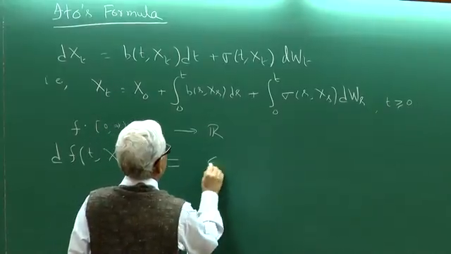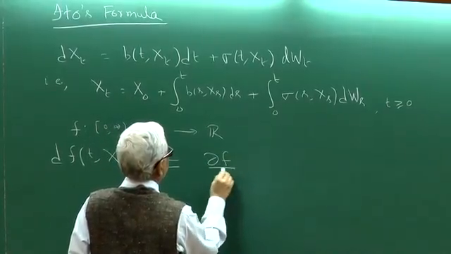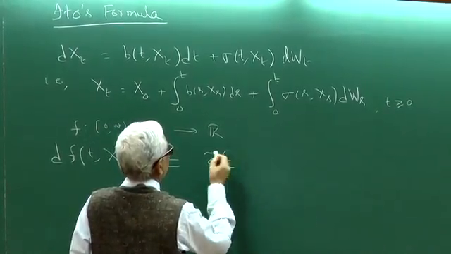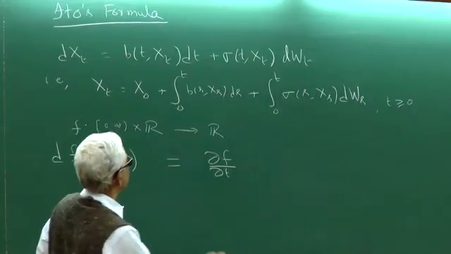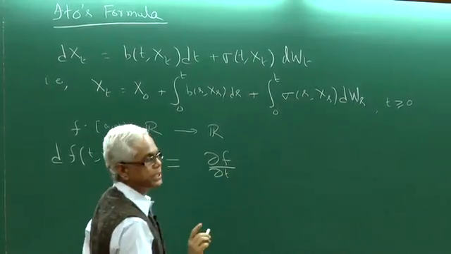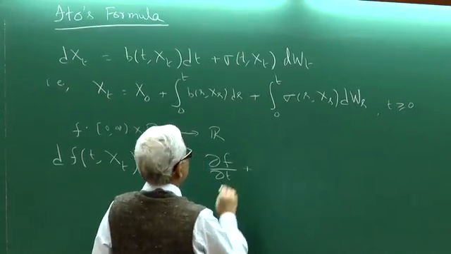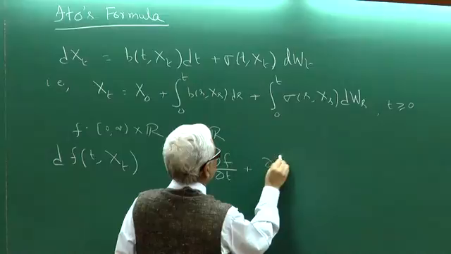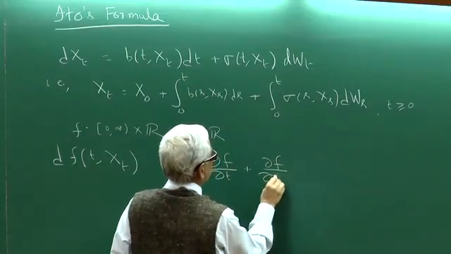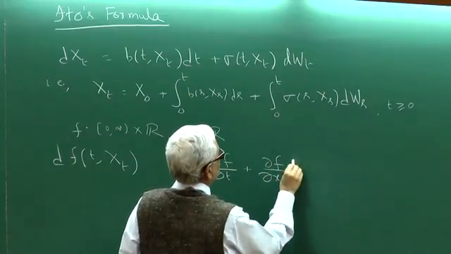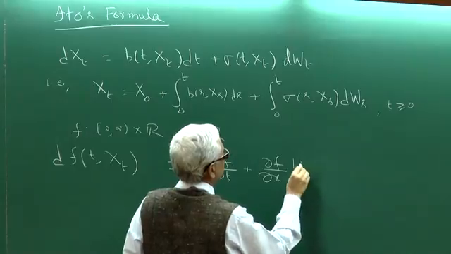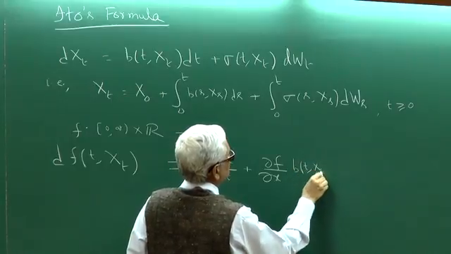This is del f over del t, all evaluated at (t, x_t), so I am just omitting that, plus del f over del x times b(t, x_t).